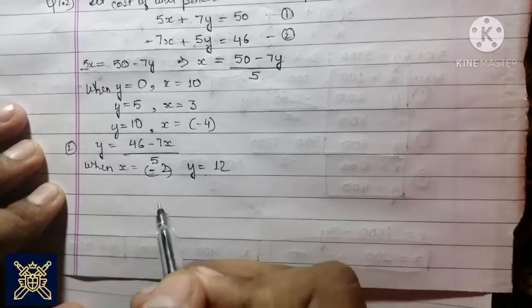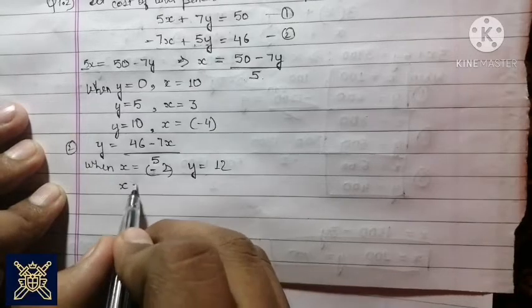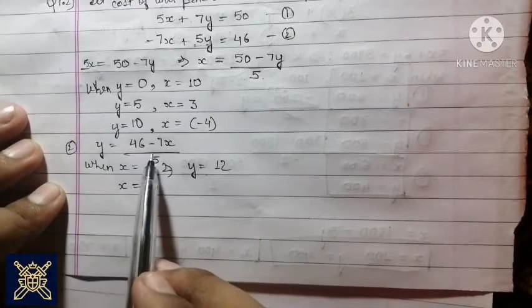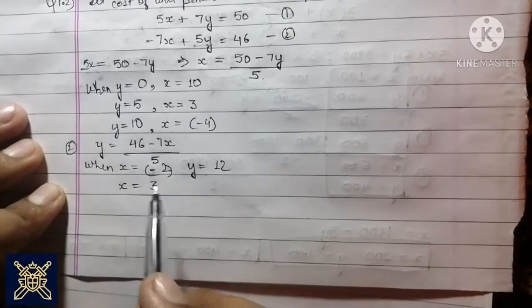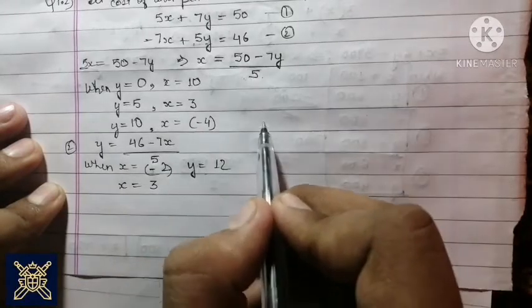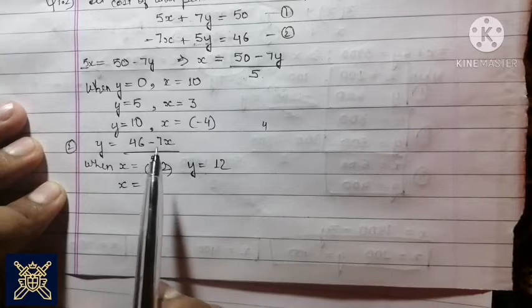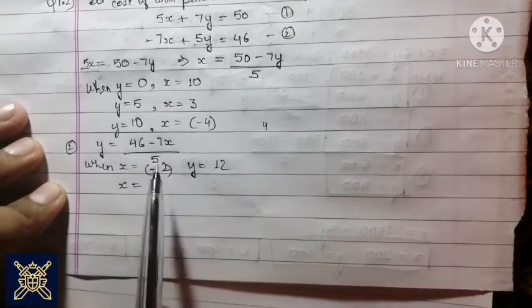Similarly, we'll take more values of x. When x is equal to 3, 7 threes are 21, and 46 minus 21 gives 25. Always you have to take such values that the number you get in the numerator is divisible by 5.